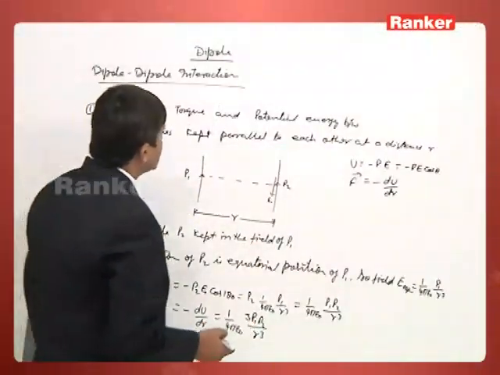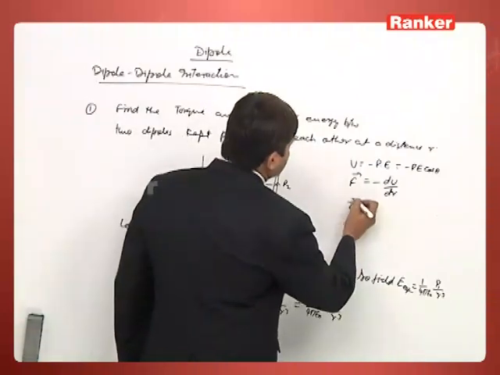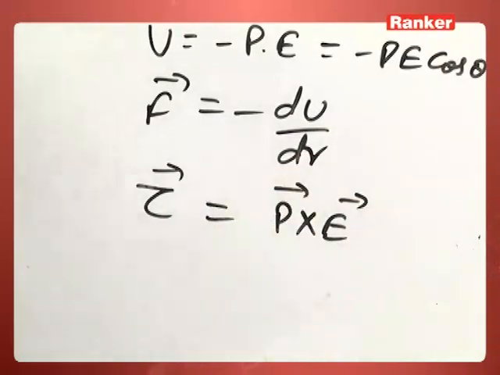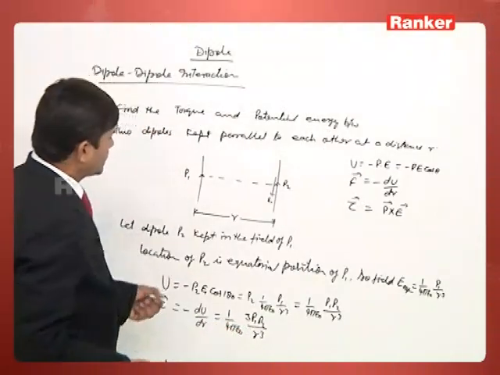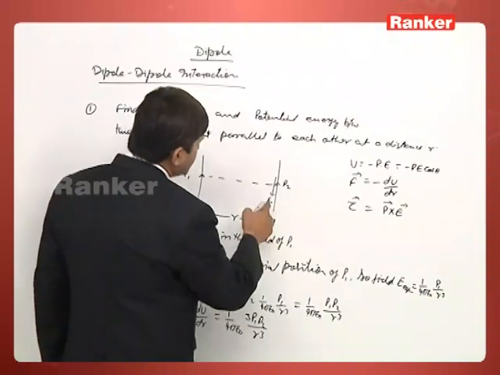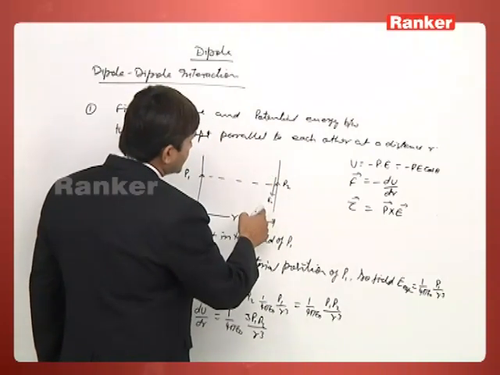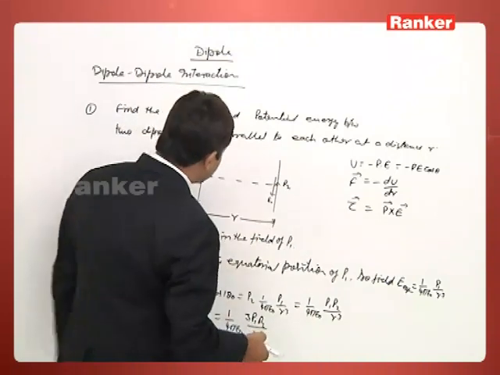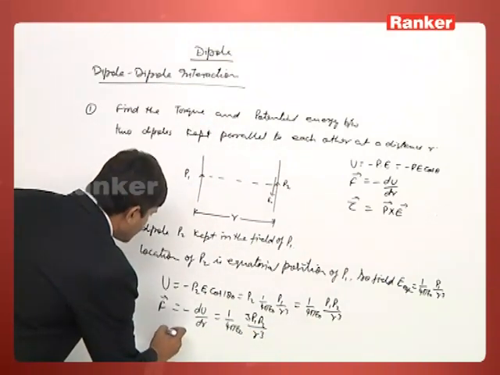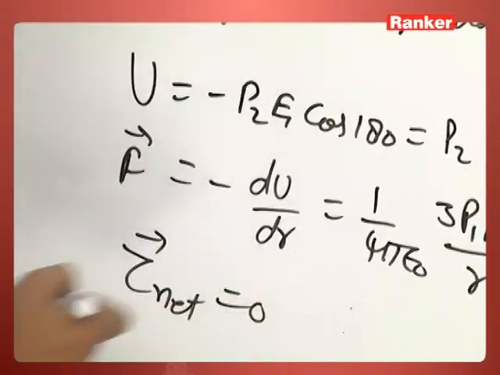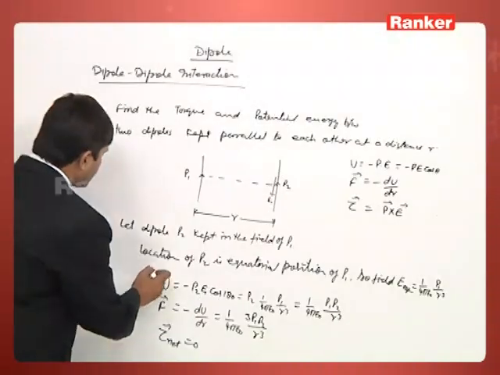And now if we want to calculate the torque, P cross E, here also we can calculate it. Since the electric field is in this direction and the dipole moment is in this direction, the angle between these two is 180 degrees, so the net torque is 0. This is the conclusion here.